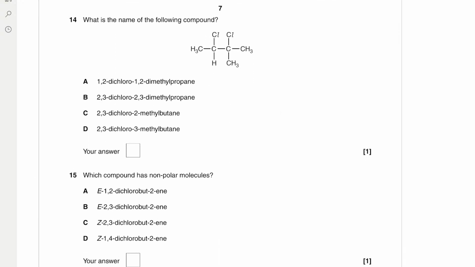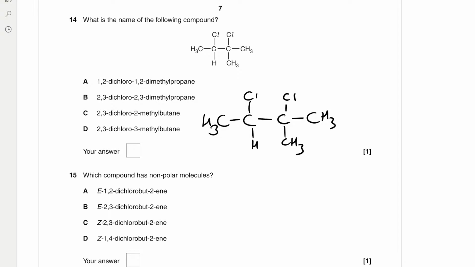Question 14. What is the name of the compound shown below? Well, it is a dichloro compound straight away. We've got 2 chlorine groups. And then it's easier if we just draw it out and then we can number it. So we want to go for the lowest numbers possible.